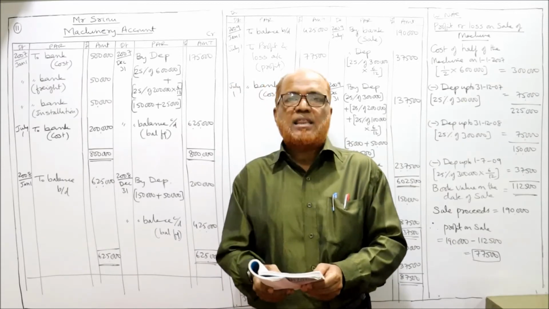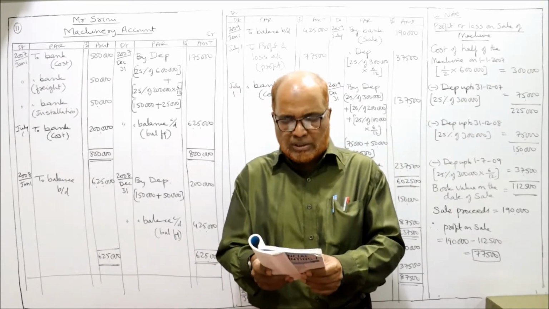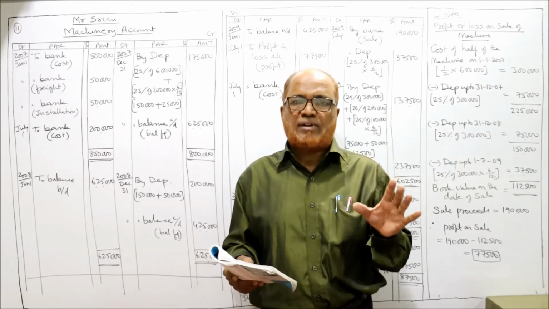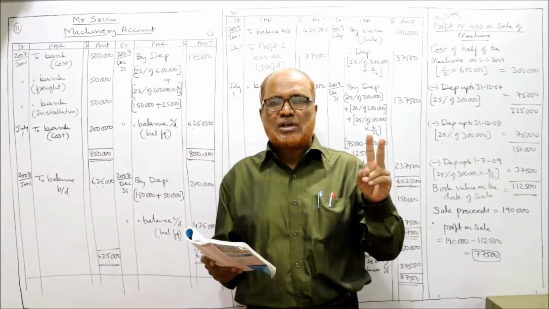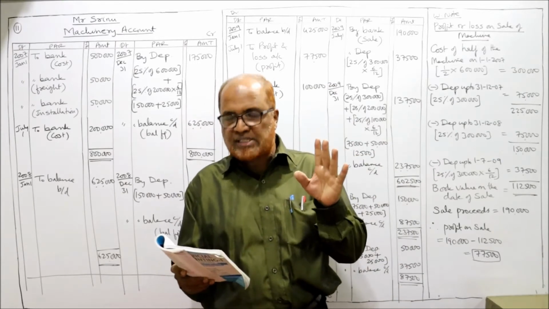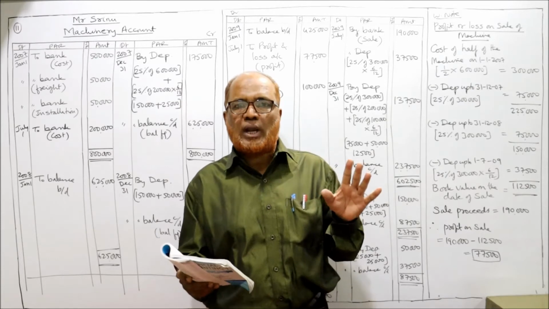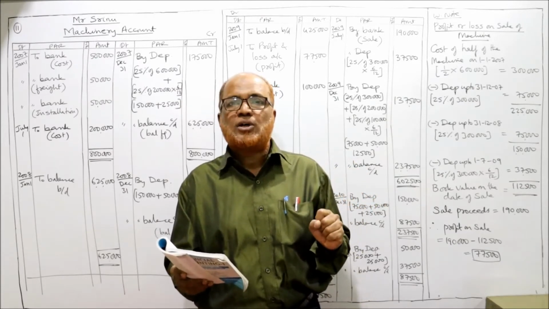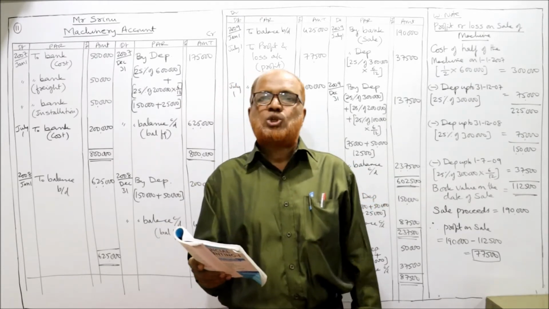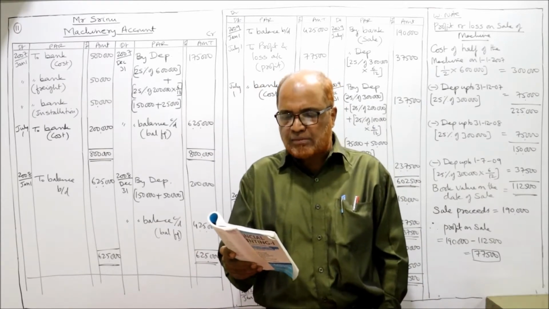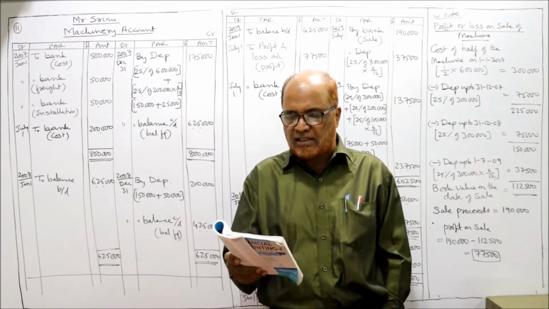He purchased another machine on 1st July 2007 for rupees 2 lakh. So in the year 2007, 2 machines are purchased. On 1st July 2009, he sold half of the first machine for rupees 1,90,000.